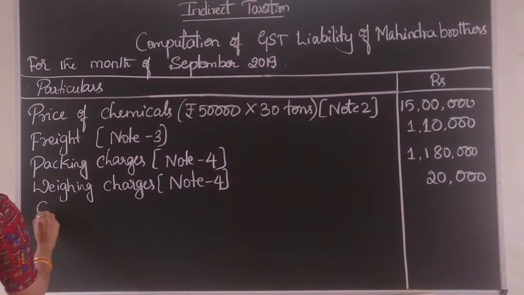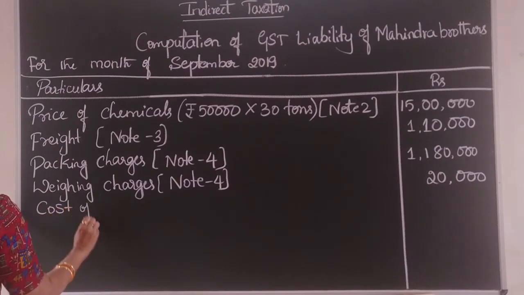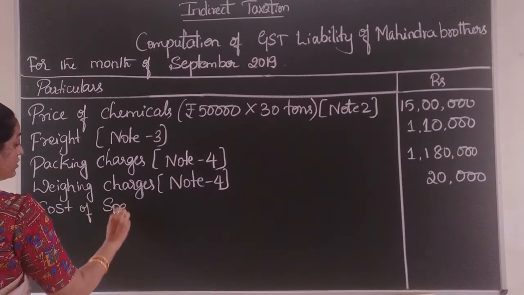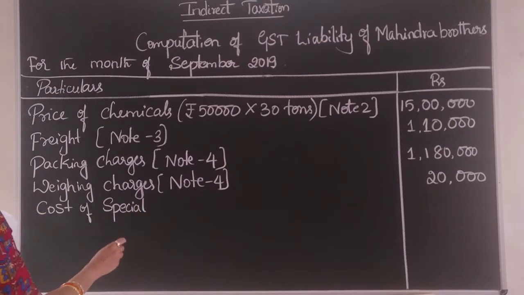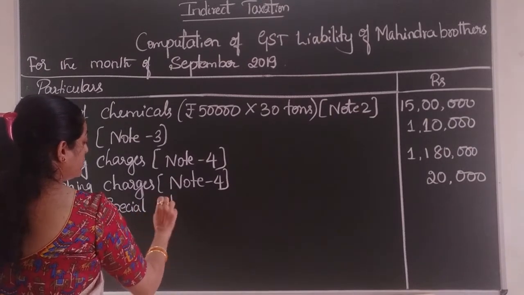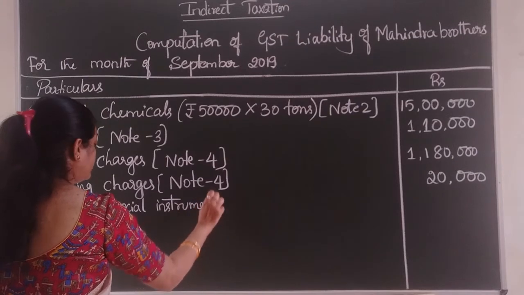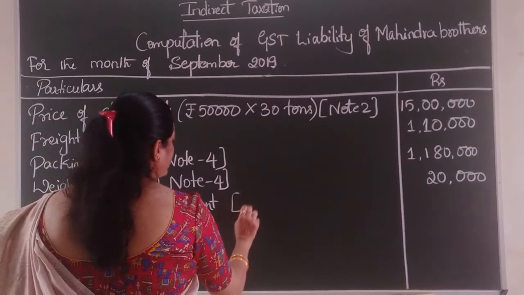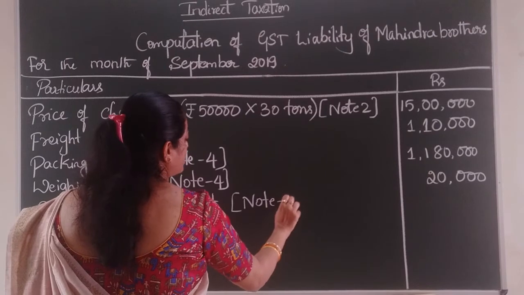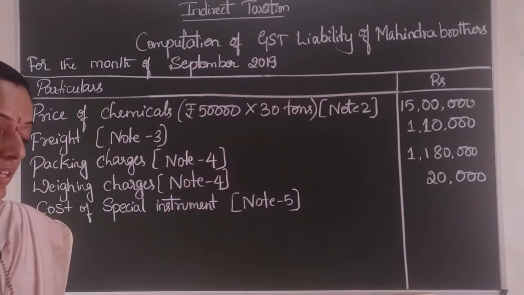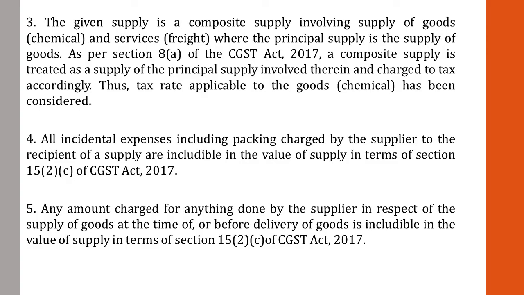Then cost of special instrument, that is note 5. Note 5 says that any amount charged for anything done by the supplier in respect of the supply of goods at the time of or before delivery of goods is includable in the value of supply.